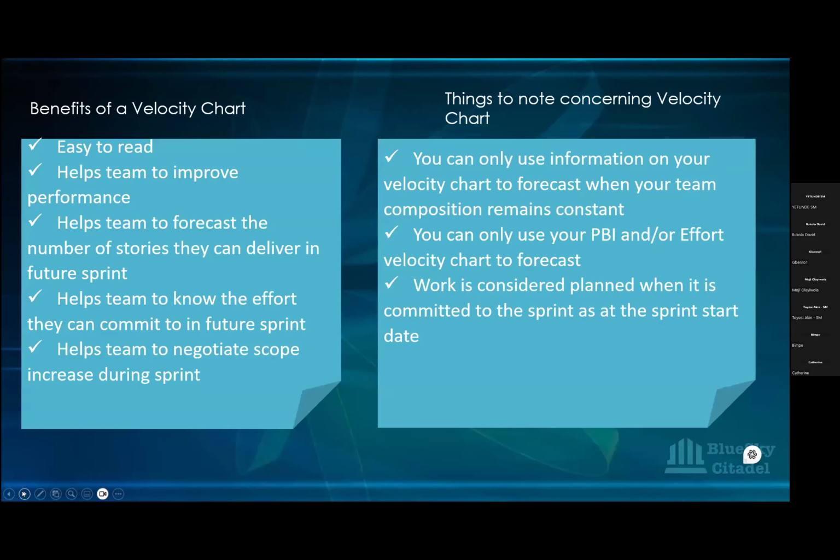If it goes into the second day of your sprint, you won't see that blue line because it's planned, and you plan on the first day. So it will show you the green, but it won't show you the planned one. Then what are you measuring against? Yeah. So those are some of the things we need to consider when we're using the velocity charts.